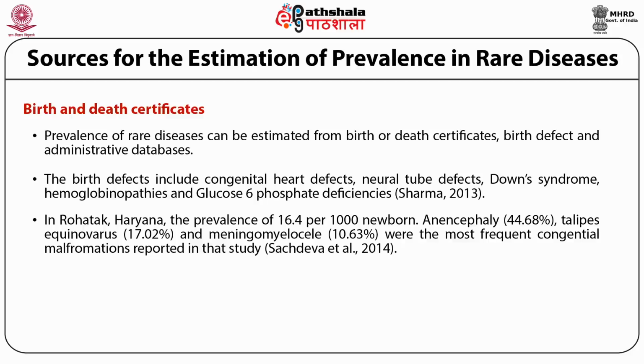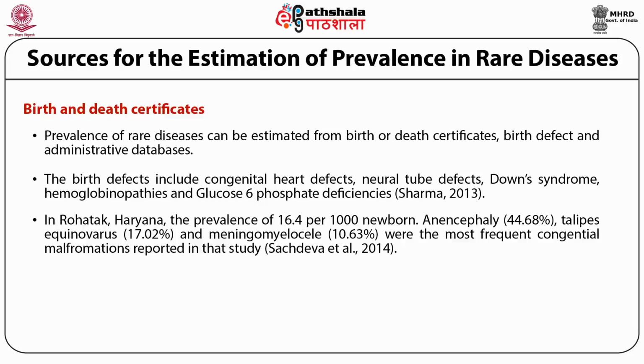In Wardha, Maharashtra, 27.2% prevalence of congenital malformation was reported per 1,000 newborns. Using hospital data, Sarkar et al. have reported 2.2 prevalence of congenital malformation, and the predominant systems involved were musculoskeletal, gastrointestinal, and talipes.